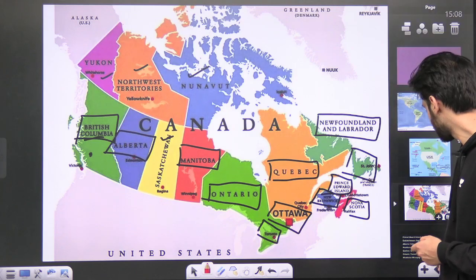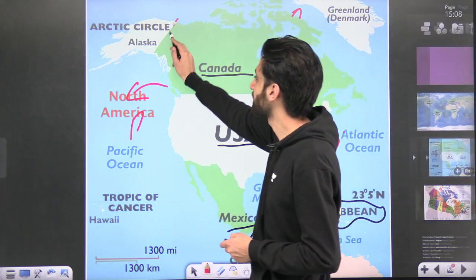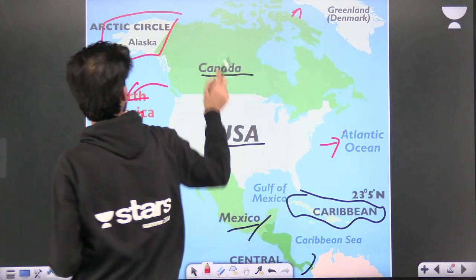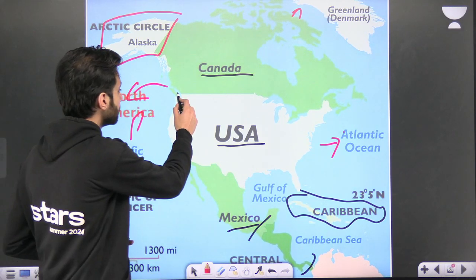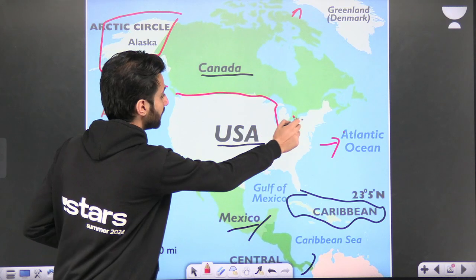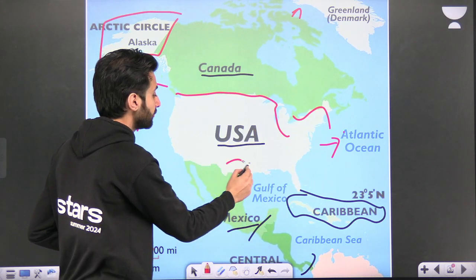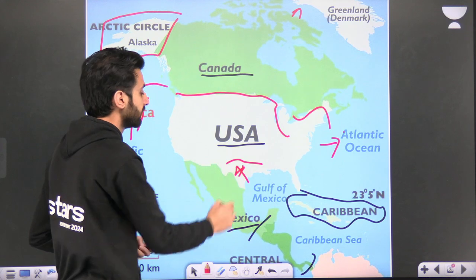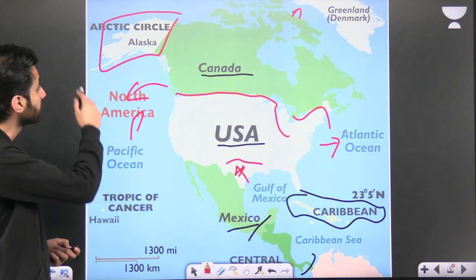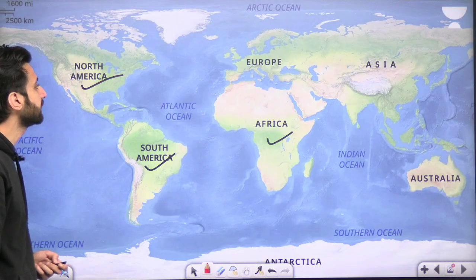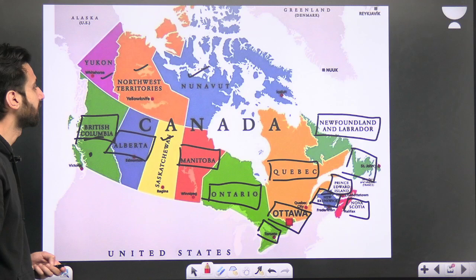Alaska is the largest state of the United States, but not of the mainland. This is the mainland of the United States of America, and in this mainland we have Texas as the largest state. But overall, Alaska is the largest state of the United States of America.